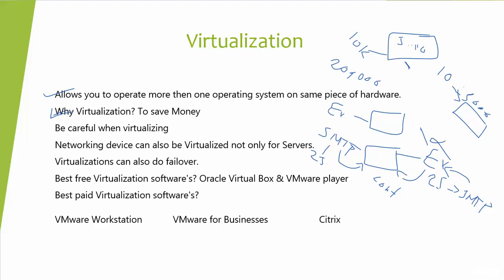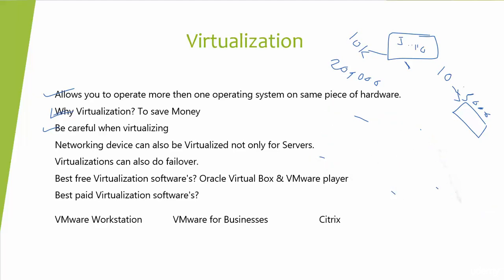And be careful when virtualizing. Being careful when virtualizing means that whenever you plan to do virtualization for your organization, always make sure that you choose a server, a piece of hardware, that is going to meet your requirements. For example, I need a server.